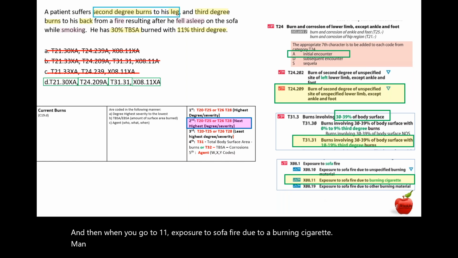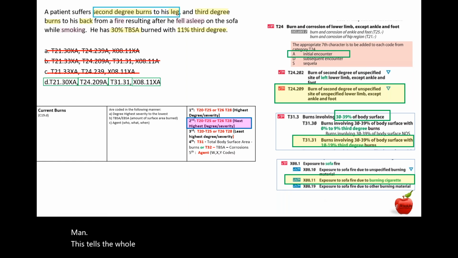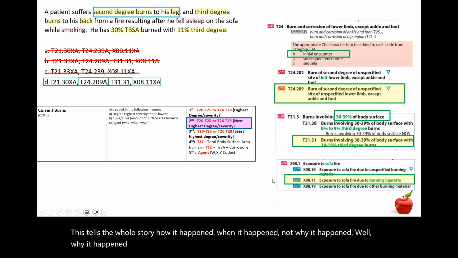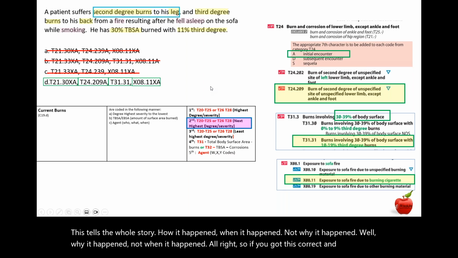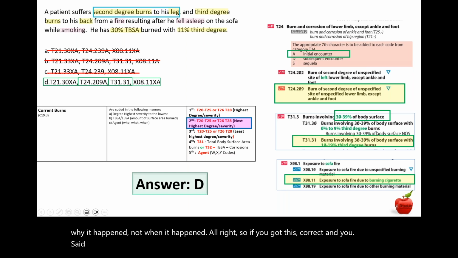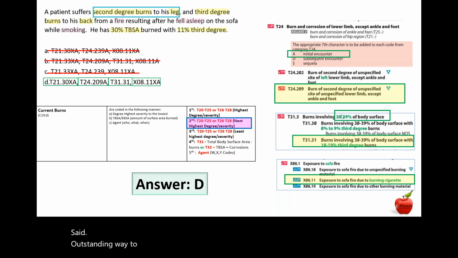Man, this tells the whole story. How it happened, why it happened, not when it happened. All right. So if you got this correct and you said D, outstanding. Way to go.